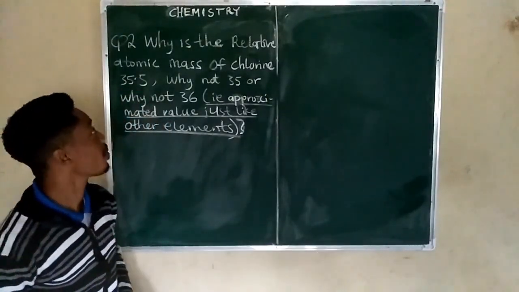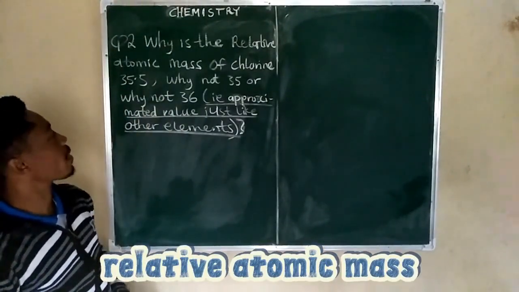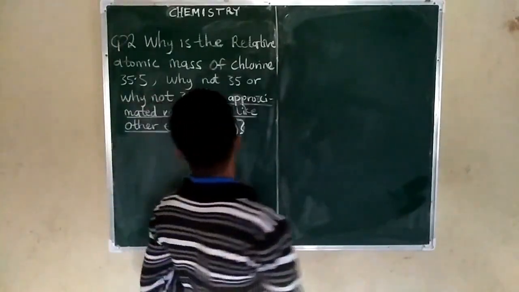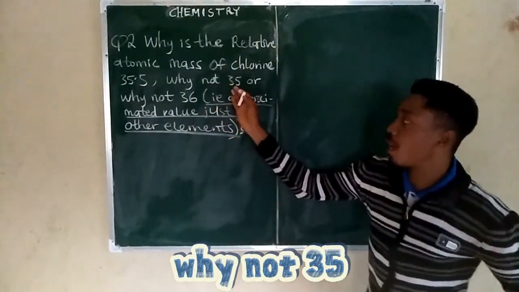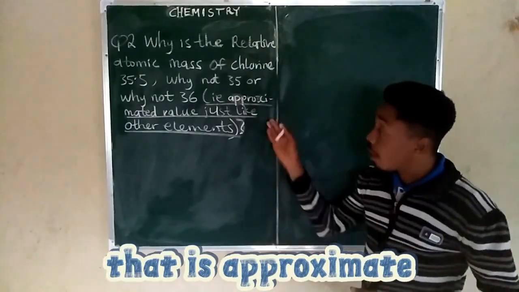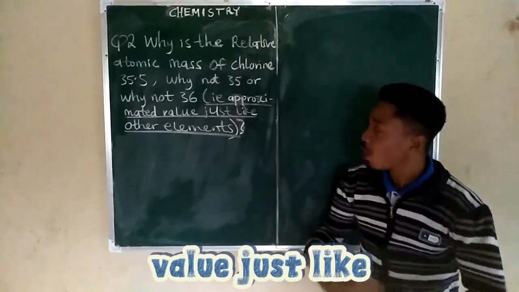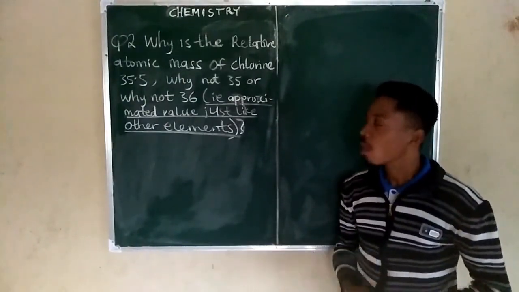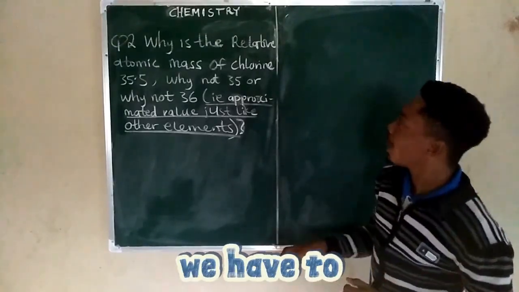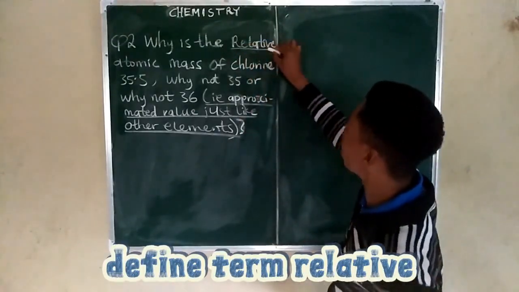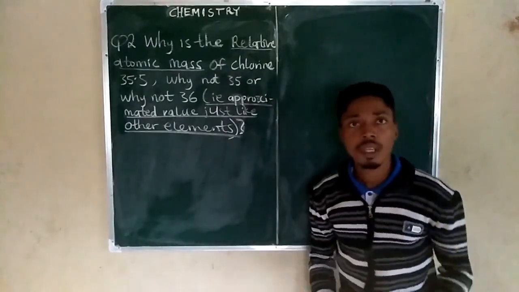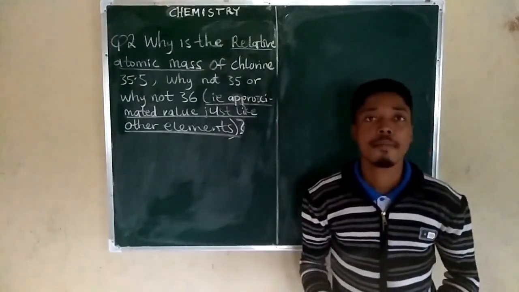Question 2. Why is the relative atomic mass of chlorine 35.5? Why not 35? Or why not 36? That is an approximated value, just like for other elements. Why is it 35.5? Before we answer this question, we have to define the term relative atomic mass. So what is relative atomic mass?